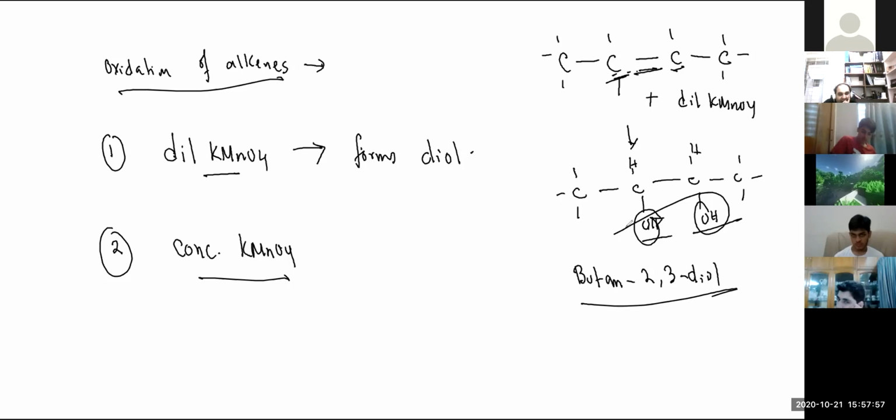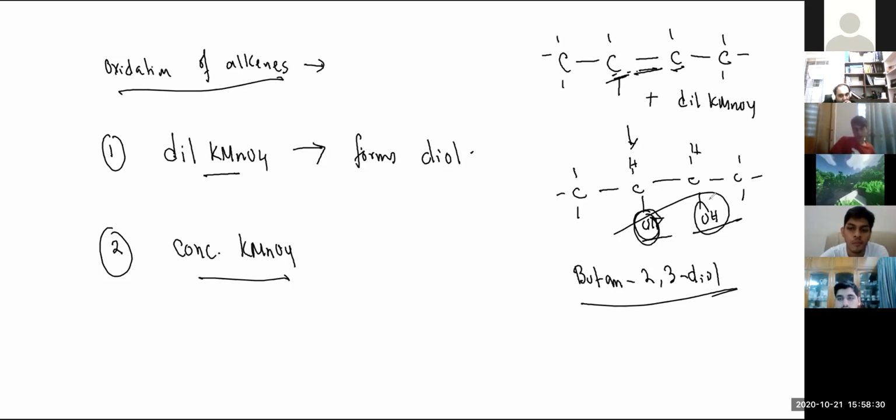Imagine we are oxidizing alcohol. If you oxidize alcohol, what will you get? Carboxylic acid. Very good. But the difference between O levels and A levels is that in A levels you need to know the different types of alcohols: primary, secondary, or tertiary.